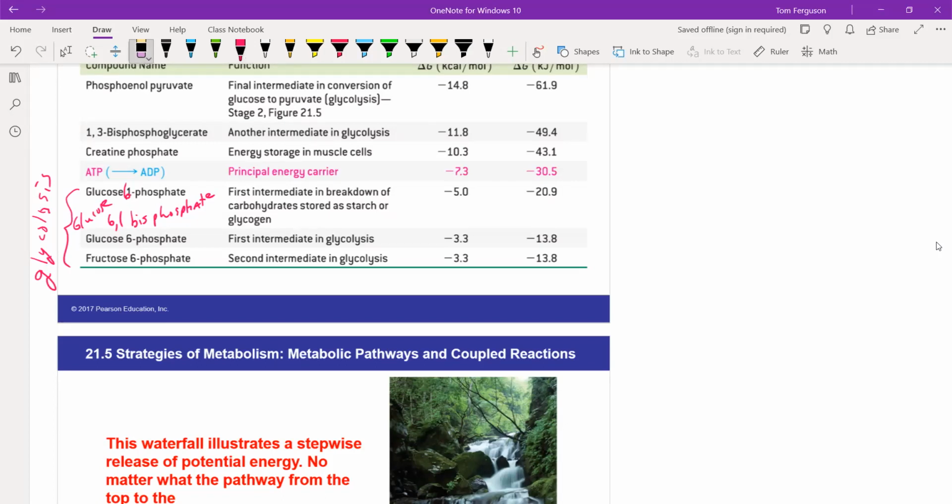Or actually, it'd be 1,6, not 6,1. And then it goes to fructose 1,6-bisphosphate.